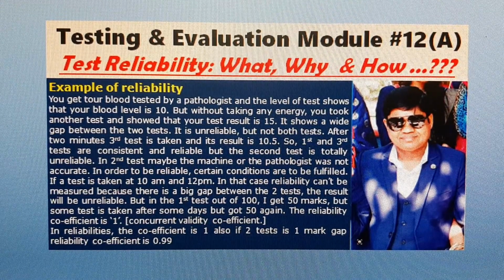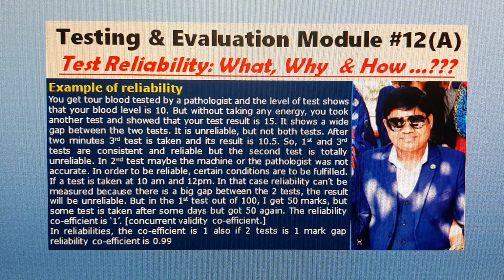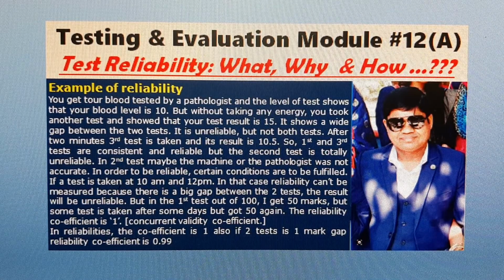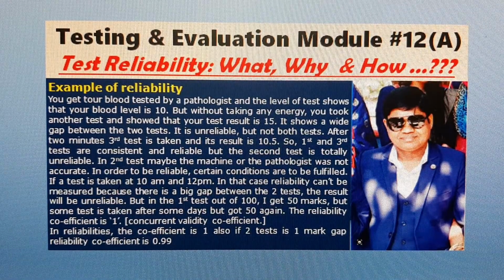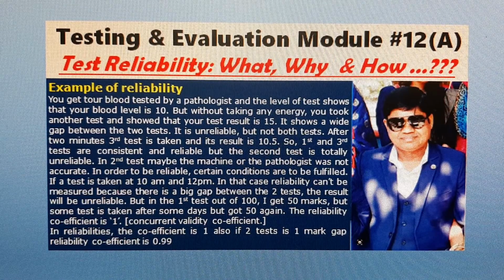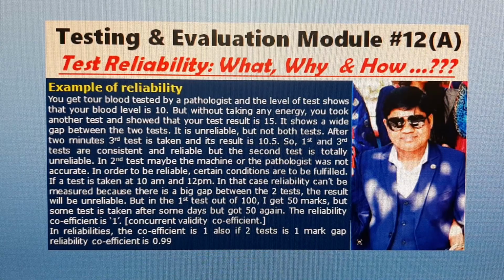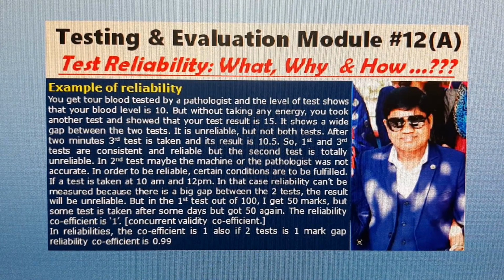But there may be three kinds of bias that can affect reliability coefficient. Number 1, selecting different items. In two tests, the same items should be selected. Number 2, time bias. In winter, in the morning and at noon, when the atmosphere is not so cold, this physical condition will impact the test.